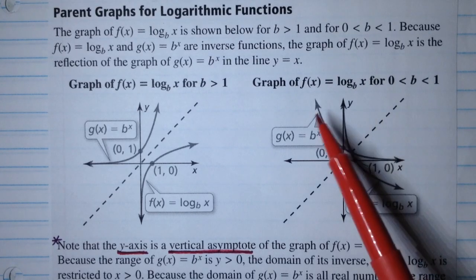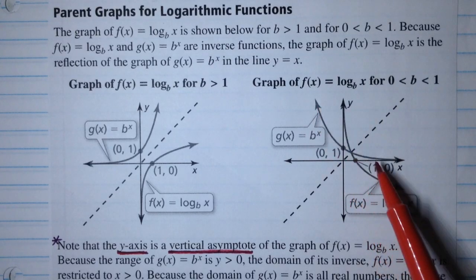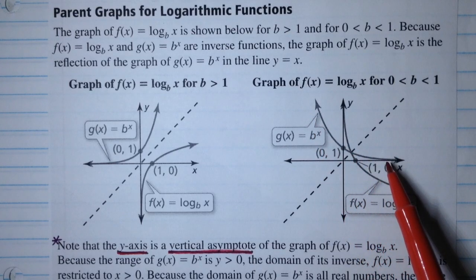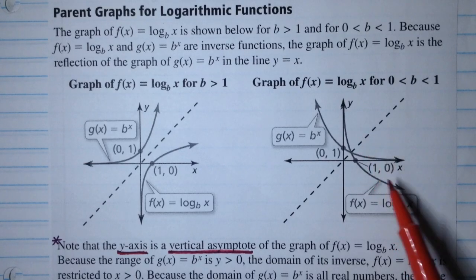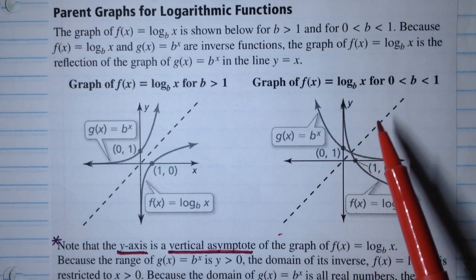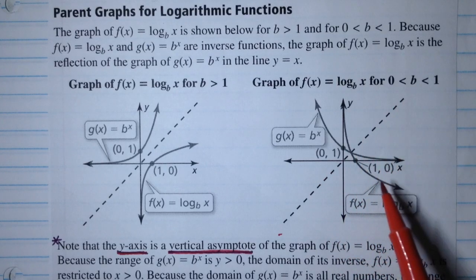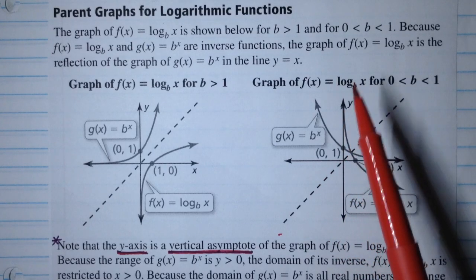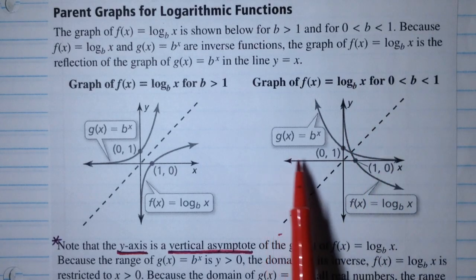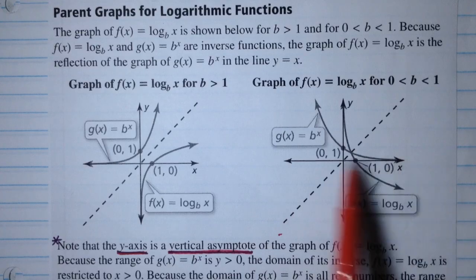If you had a decay function, see how b of x is coming down, so this is decay. Our inverse, or our log function for this decaying function, would be reflected over the line y equals x, and it would look something like this. Its asymptote would still be the y-axis, just like the exponential's asymptote is the x-axis.